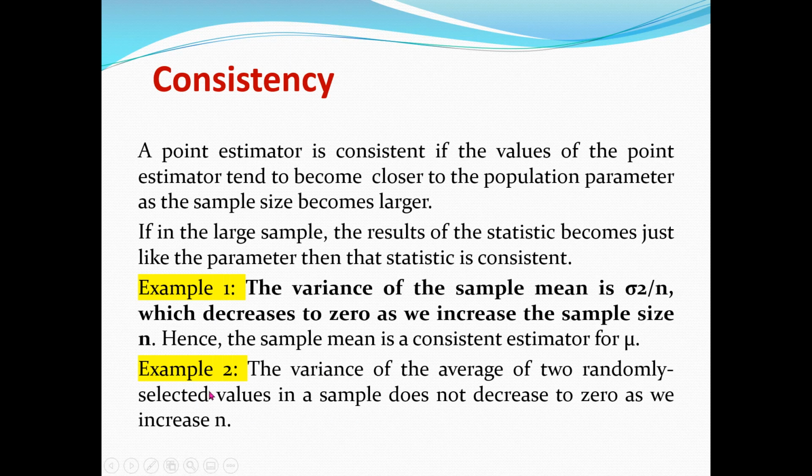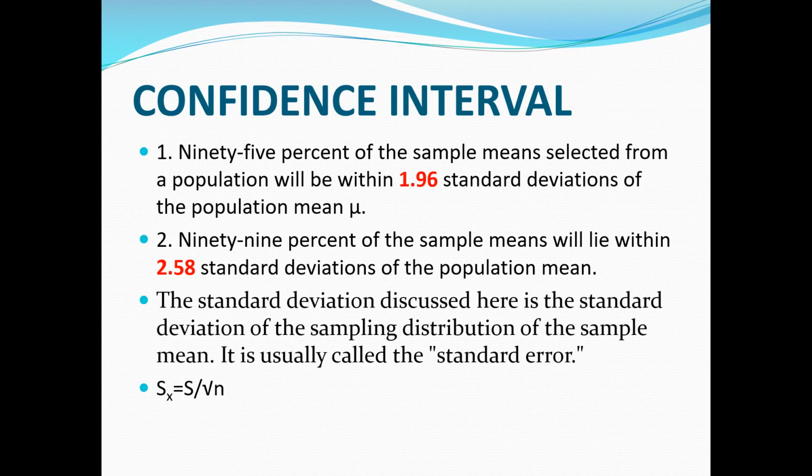So this example is for the case of an inconsistent estimator. The variance of the average of two randomly selected values is not consistent, because it's not decreasing to 0 even in the large sample scenario. So these were the properties of a point estimator.